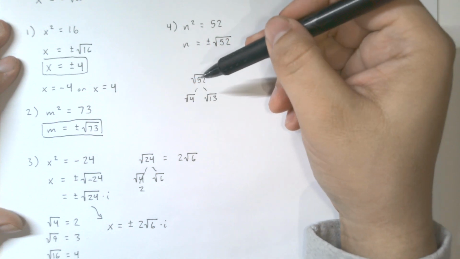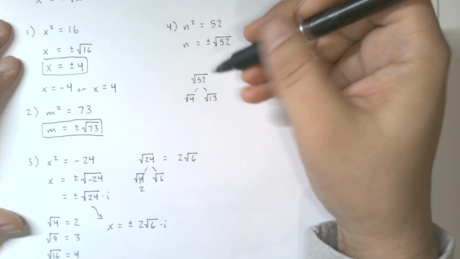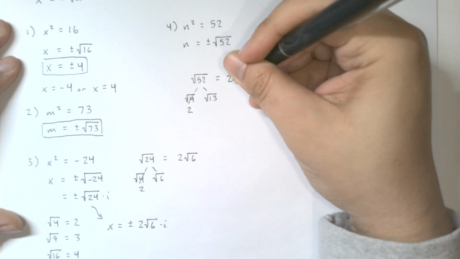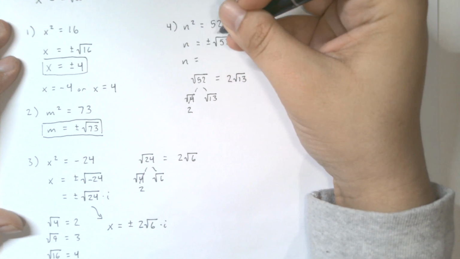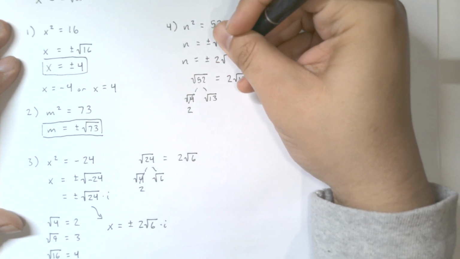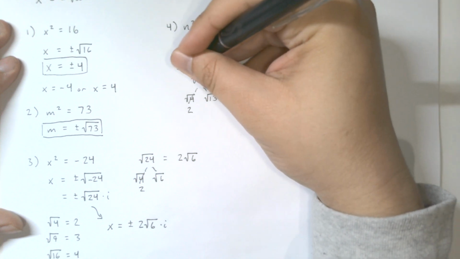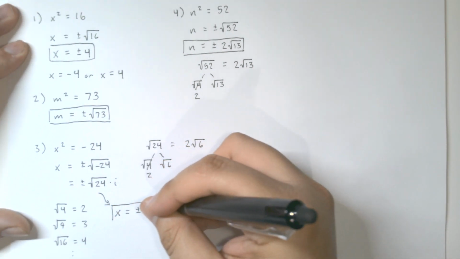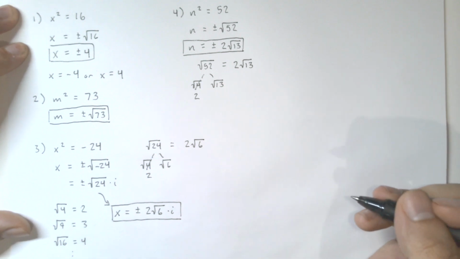So the square root of 52 is the same thing as the square root of 4 times the square root of 13. The square root of 4 is 2, so this is equal to 2 square root of 13. And we have that n is equal to plus or minus 2 square root of 13. We box my answer there. And even on the one over here, we have x is equal to plus or minus 2 square root of 6i.